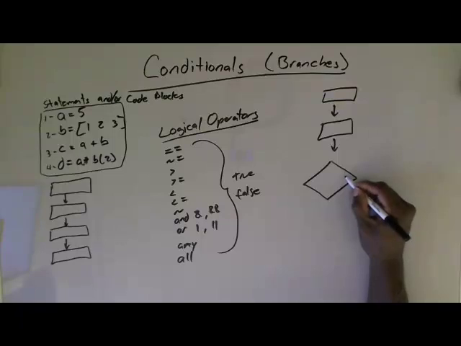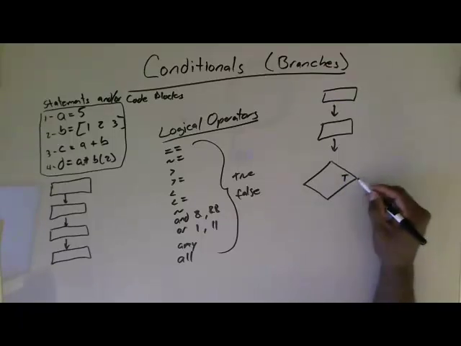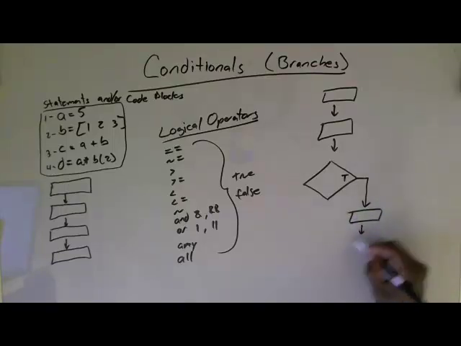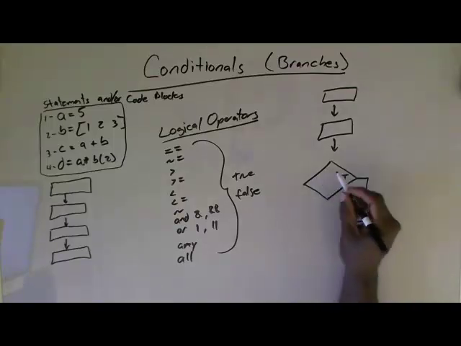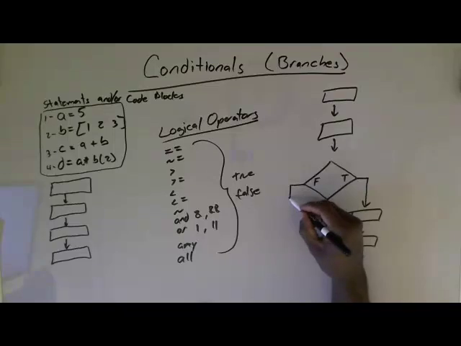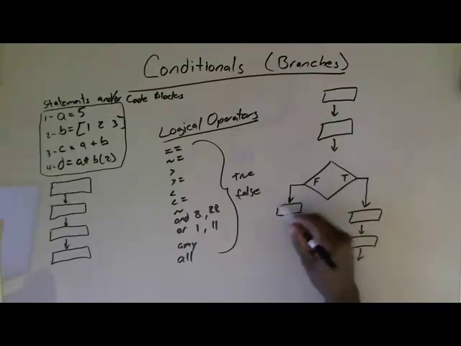If that condition is true, then we'll execute these blocks of code, these statements. If that condition is false, then we may or may not execute these lines of code, these statements.